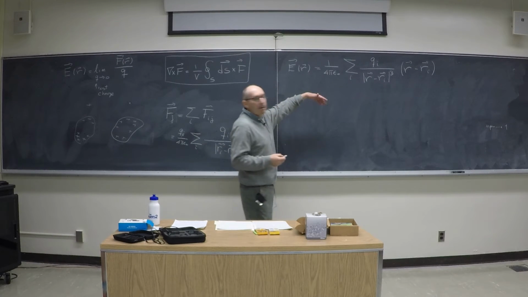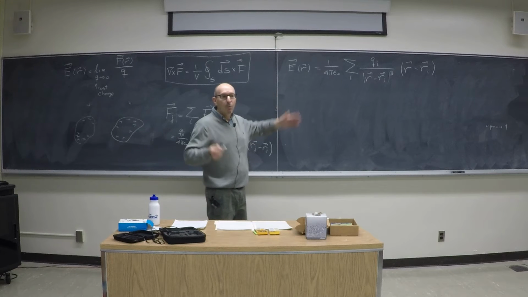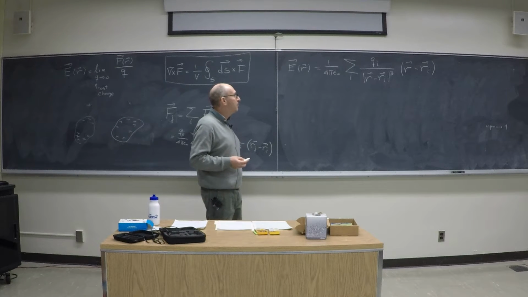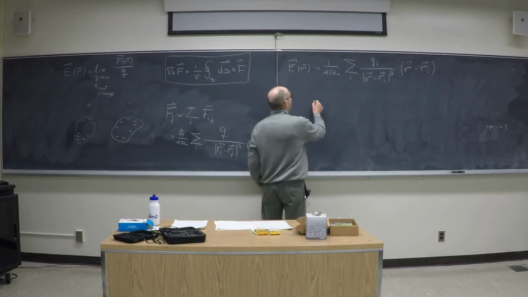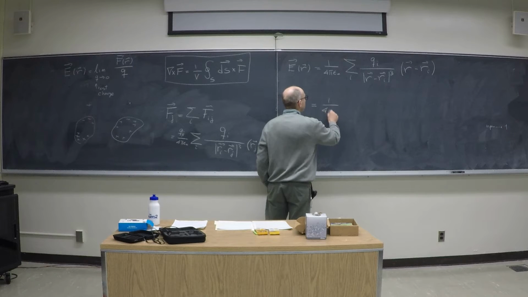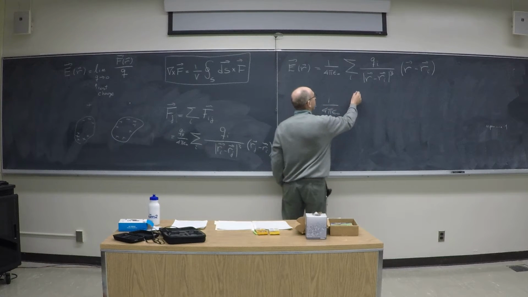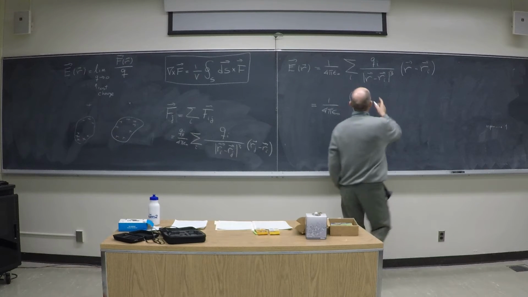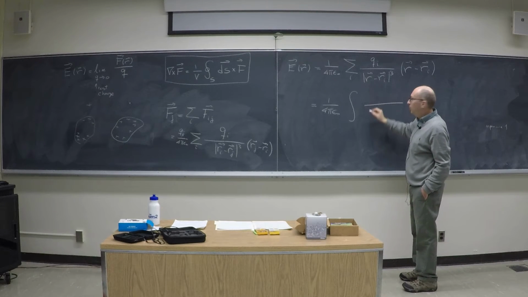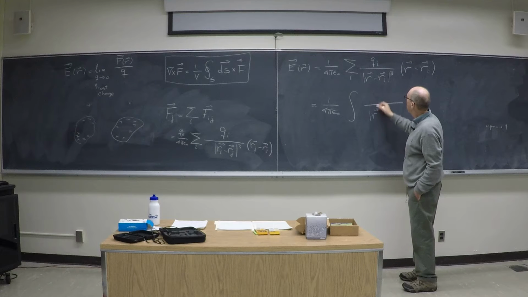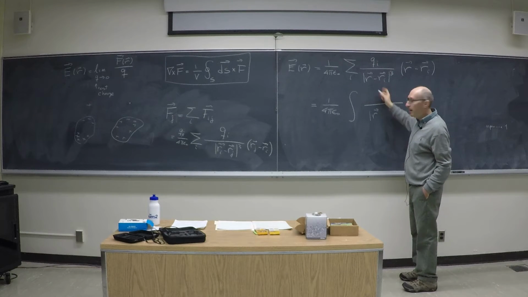So depending on what type of description I want, I'm going to have that, for example, or I may have this. R, I told you, same. But R sub i now turns into R prime.